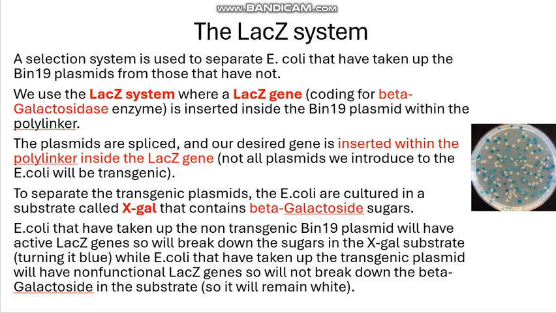If we look at the petri dish on the right, we can see that some of the bacterial colonies of the E. coli are blue and some of them are white. They're being cultured on a substrate called XGAL. The XGAL contains beta-galactoside sugars. These beta-galactoside sugars are broken down by the beta-galactosidase enzyme produced by transcription of the LacZ gene.